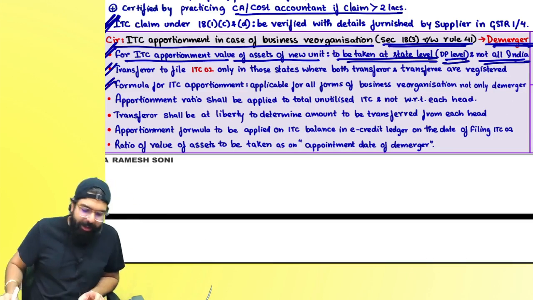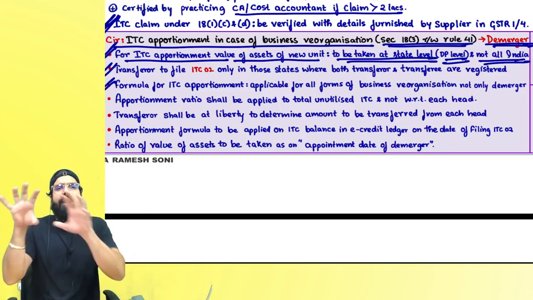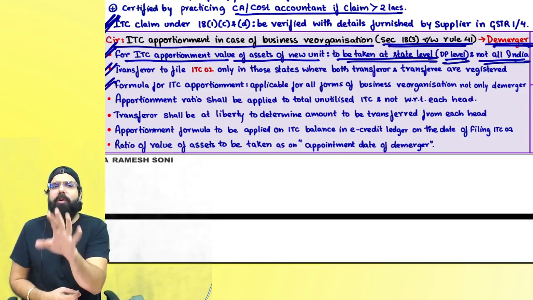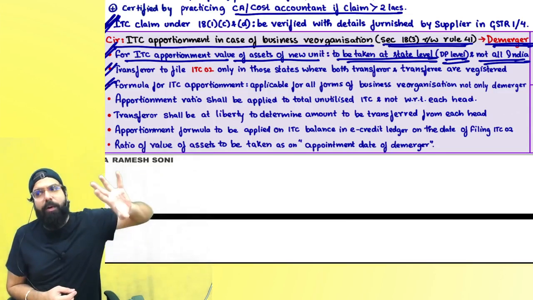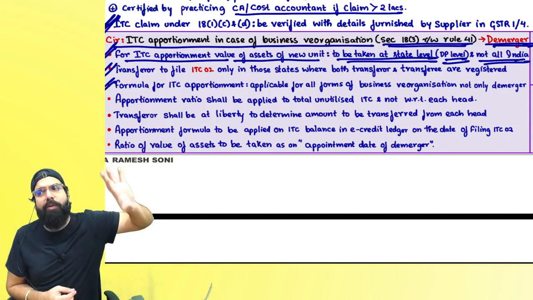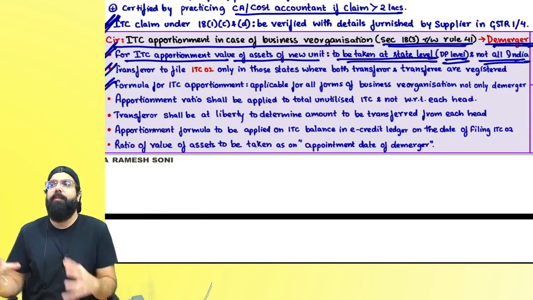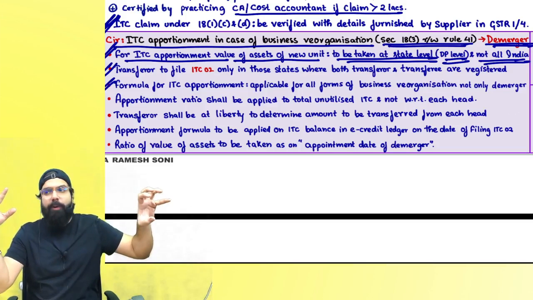Then people asked, sir, you told the apportionment formula, basically on the asset ratio you have to transfer the credit only in case of demerger. Then government clarified it will be applicable in any form of business reorganization. Asset ratio ka basis pe you can transfer the credit from your electronic credit ledger to the transferee. This is applicable in any form of business reorganization wherein you have cut a part of your business and transferred to someone else.